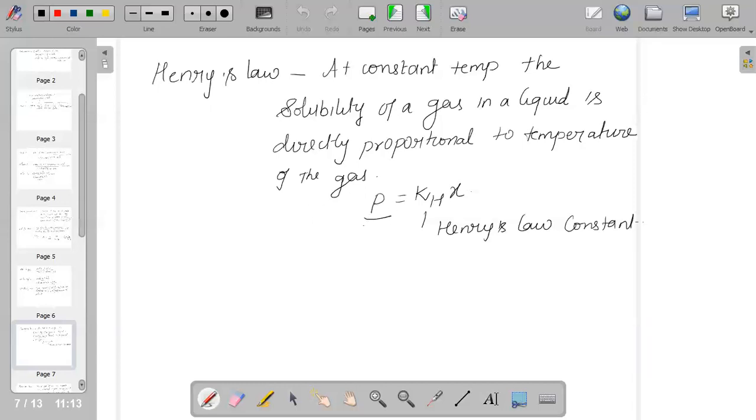Hence, you can say pressure is directly proportional to the solubility. That is, pressure p is equal to Kh into x, and Kh is taken as Henry's law constant. So at the same temperature, different gases will have different Kh values. It is an important factor to note.